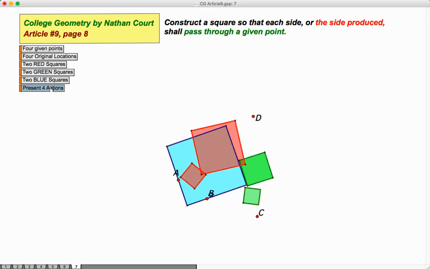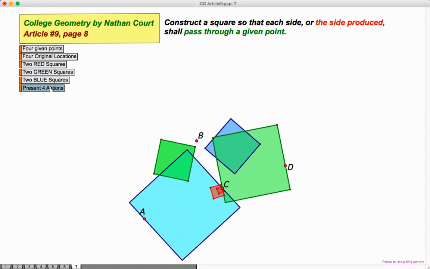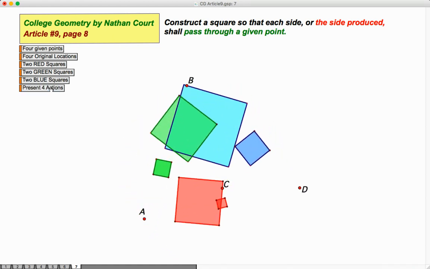That is the thing that we've got. There you go. Wow, so cute indeed. Okay, let's check. This one passes through A, this passes through C, this one passes through B, and this passes through D. That's for this square. For this red big square, this passes through C, passes through D, passes through B, and passes through A.